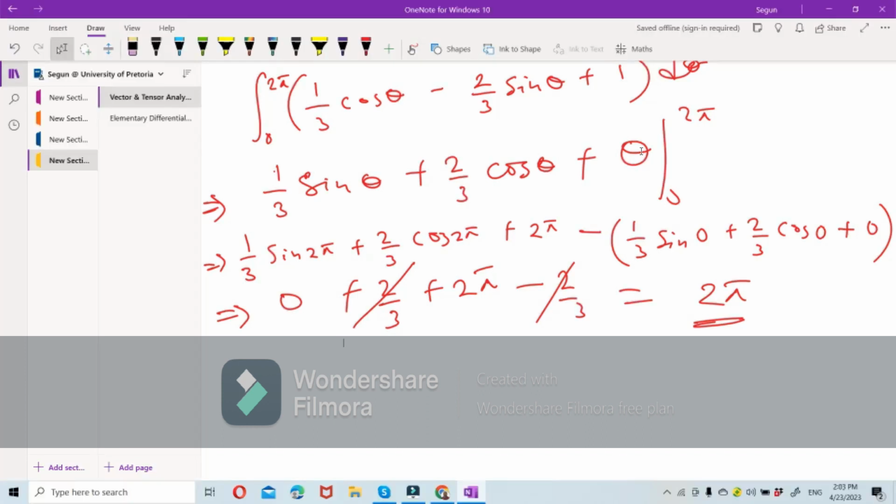Are we there now? Can we proceed, please, guys? Yes, sir. Okay, let's look at the one I just mentioned for the vector field.